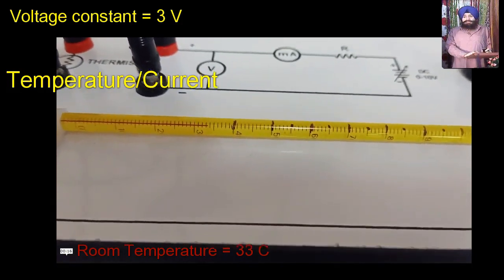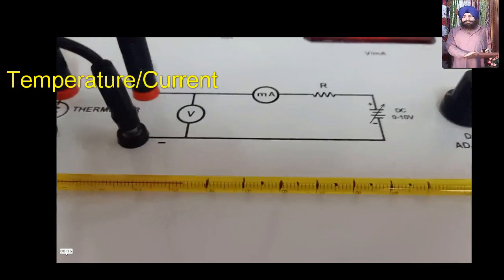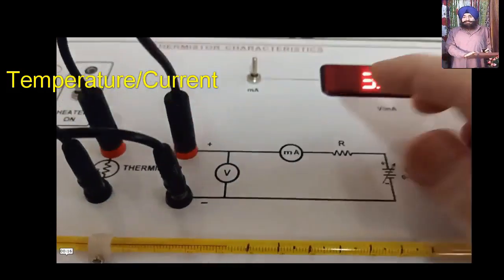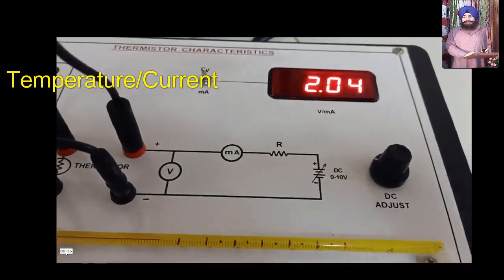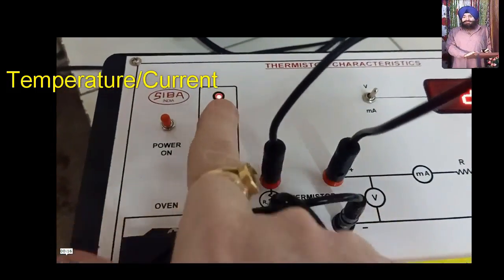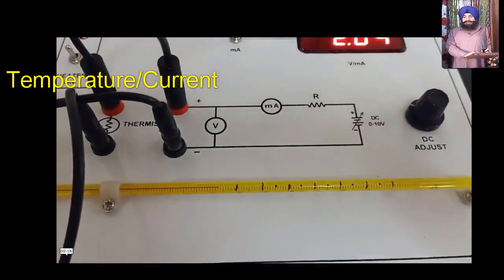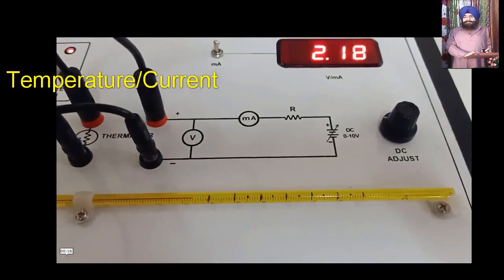So temperature is 33, note down. Current voltage is 3.01. Now current is 2.03 milliampere. Now switch on the hot bath. Now temperature is rising.